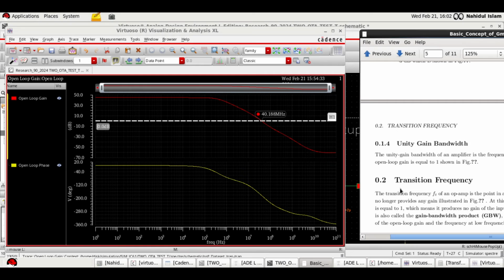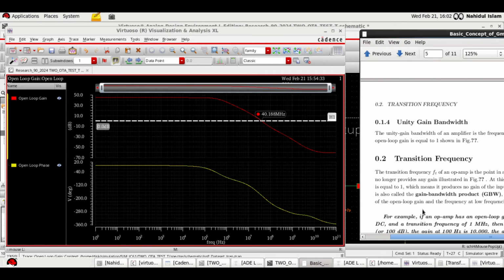If I'm not wrong, yeah, transition frequency. And from 0 to this transition frequency is called the unity gain bandwidth. And this certain frequency is called the transition frequency or unity gain frequency.